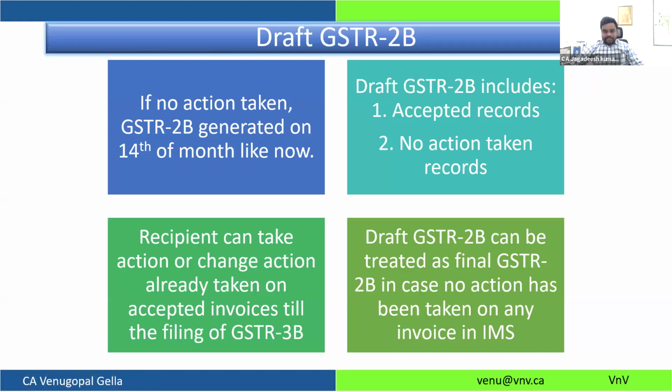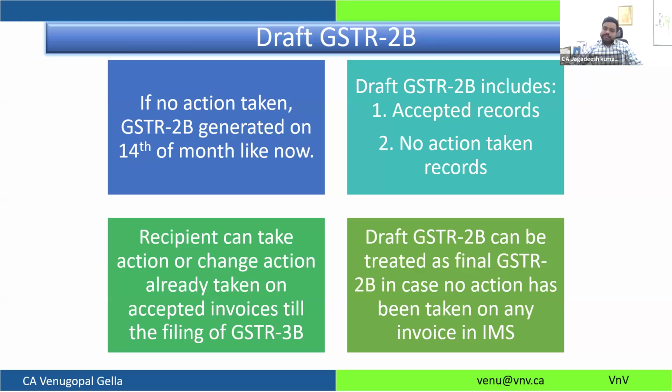The recipient can take action or change an action already taken, until the filing of GSTR-3B. Let's say on the 13th he has taken an action and GSTR-2B was generated on the 14th. On the 18th, today, he has altered his actions: some invoices he had accepted, now he has marked as rejected.